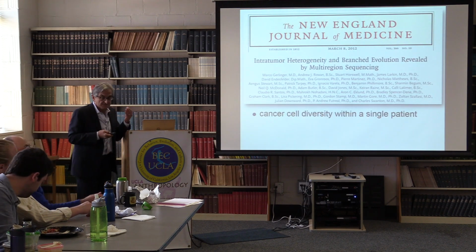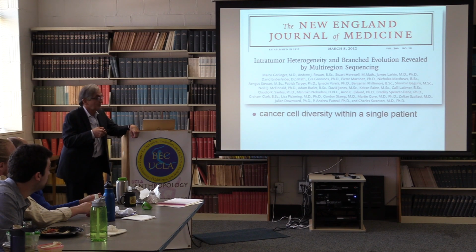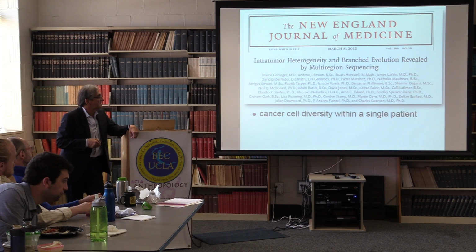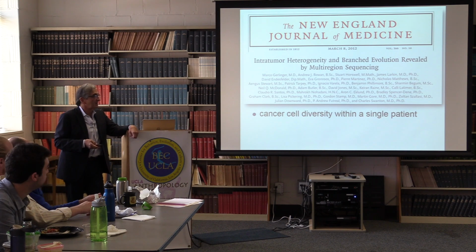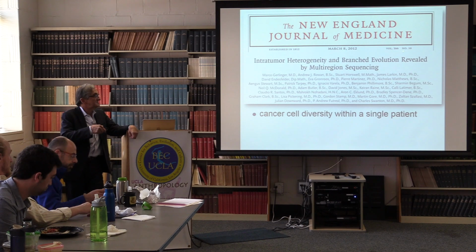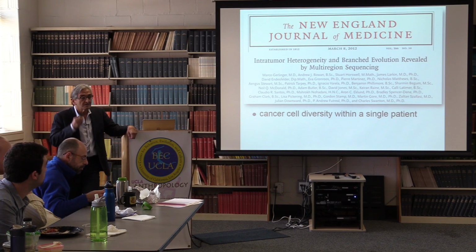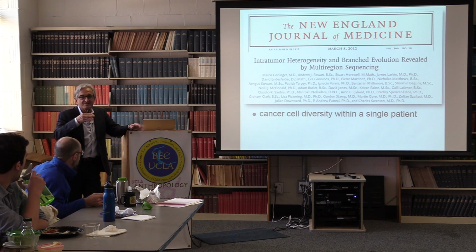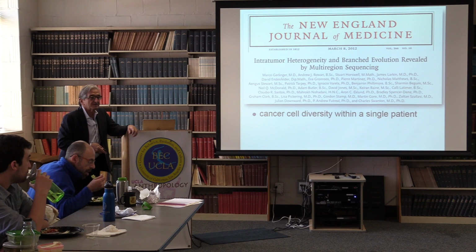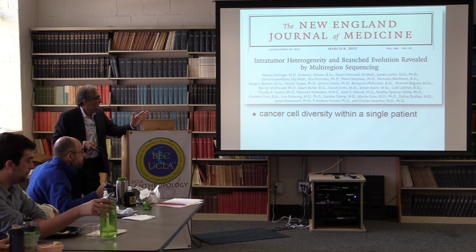And this was really driven home by this landmark paper in the New England Journal of Medicine 5 years ago now, "Intratumor Heterogeneity and Branched Evolution Revealed by Multi-region Sequencing." I'll tell you, this is one of the first times I've ever seen the word evolution in the title of a medical paper in the New England Journal. Fortunately, there are now many more of them, but this was a revelation and a shock to many.